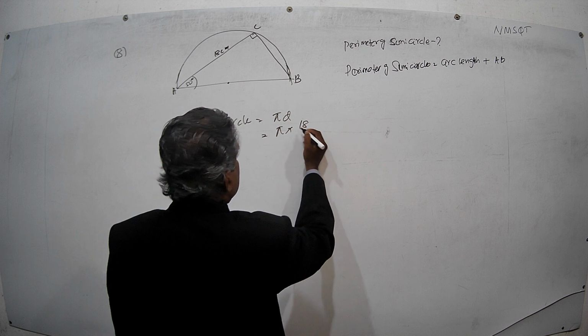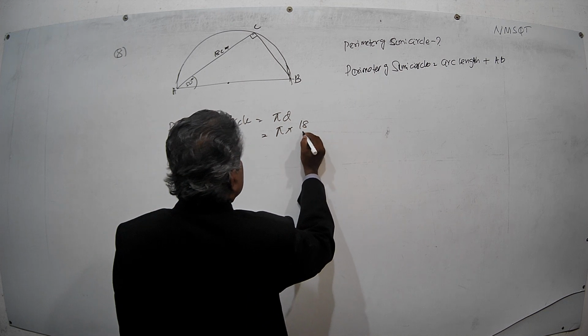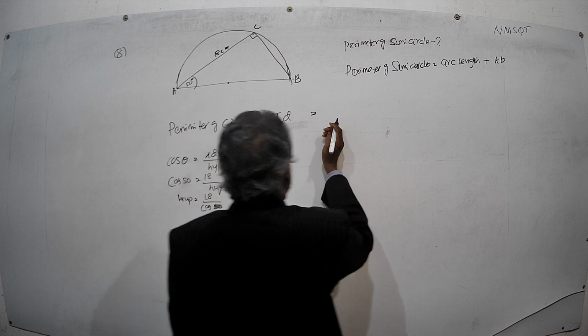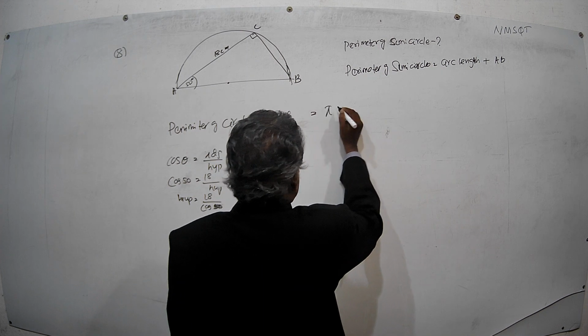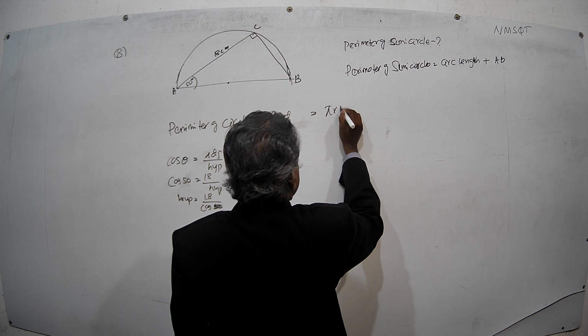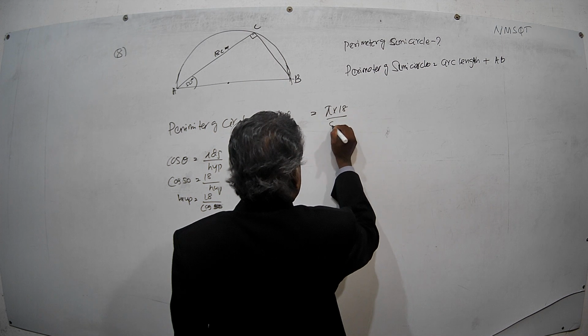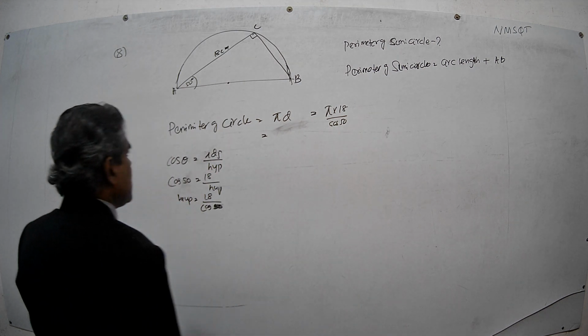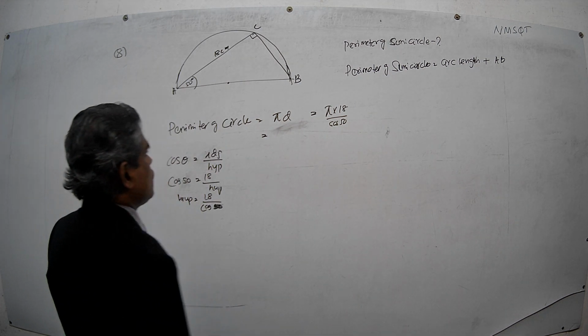Then this equals pi times 18 over cos 50. That is the perimeter of the circle.